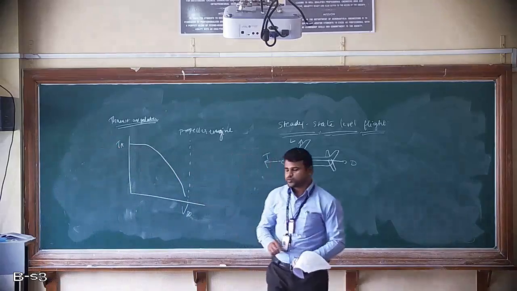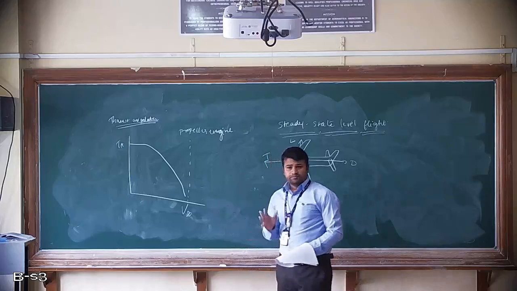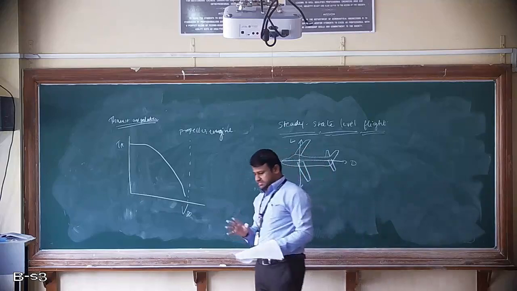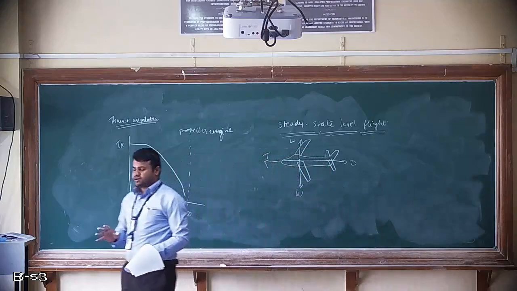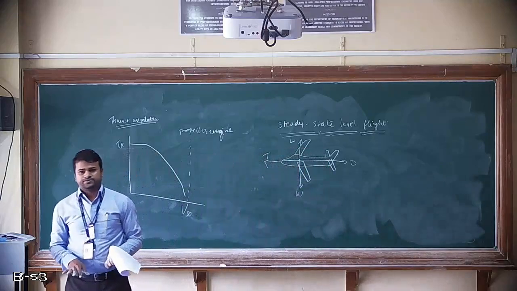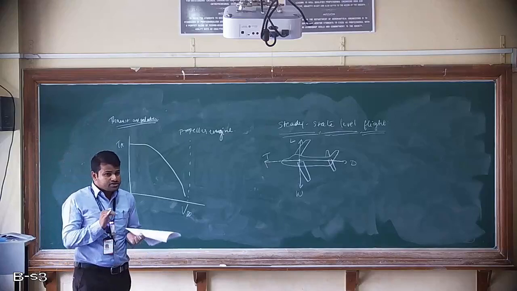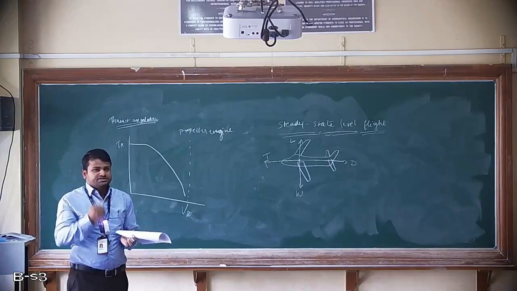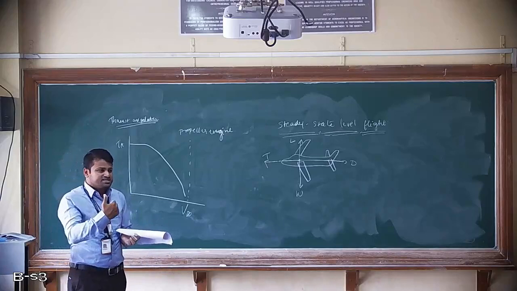You know why? Because in a propeller engine, most of the thrust comes from the rotation of the propeller. That means at lower speed, it will rotate and it can gain more thrust.